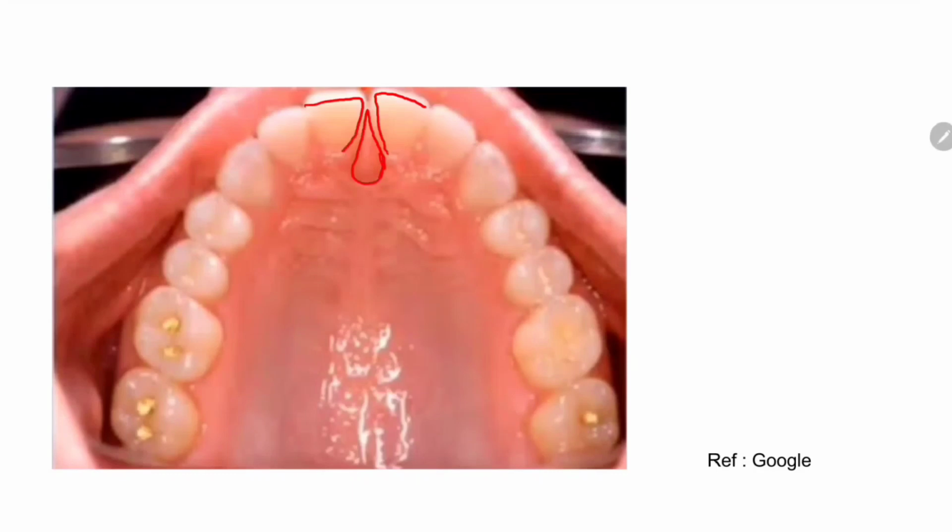Because of this lack of contact, the incisive papilla has grown, and because of that, there is a little bit of interdental tissue in between the teeth. And what will happen with this open contact area? Food and other debris will accumulate over here, and because of this, the patient will face gingivitis or periodontitis.